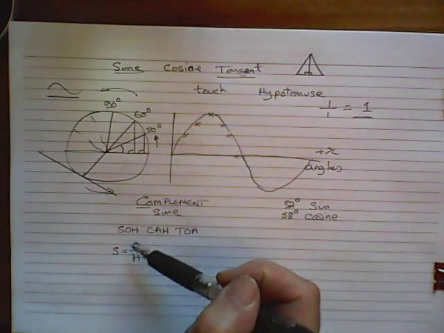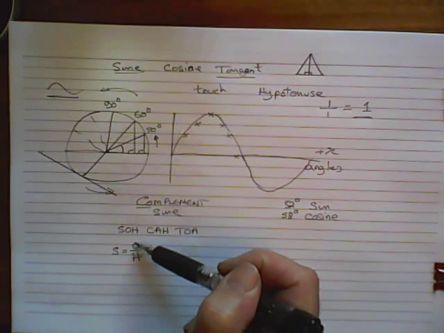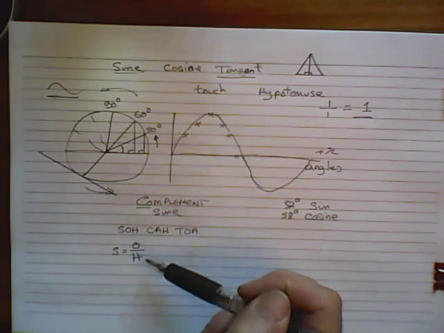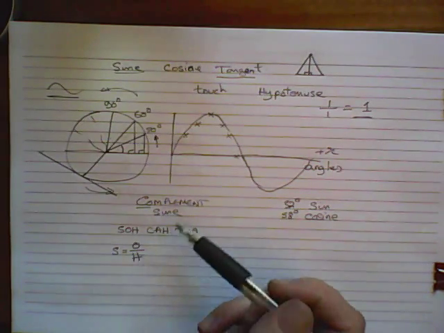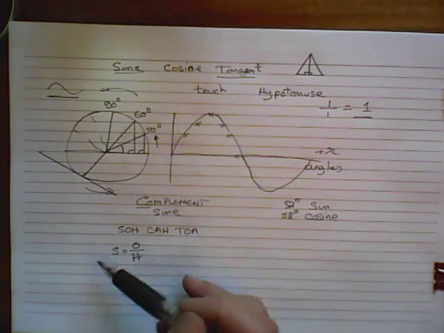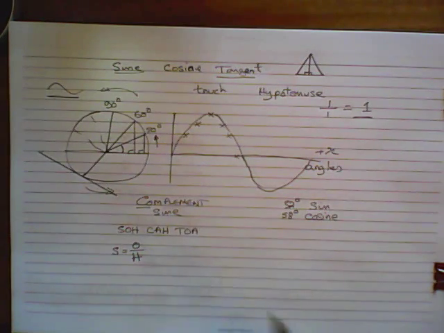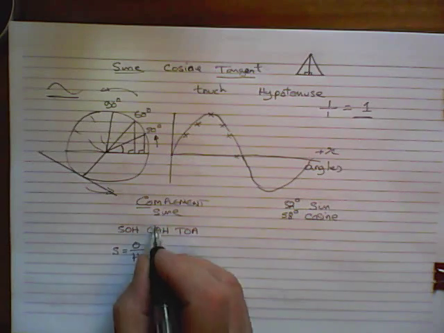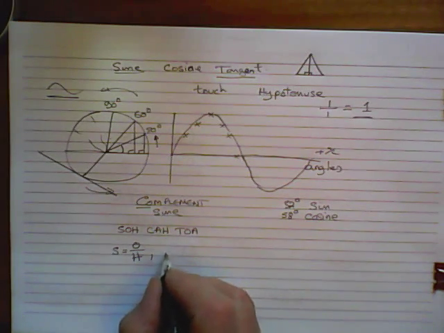As we've discussed previously, if this is 1, and that's 1, then the answer is 1, and the sine of 90 is 1, and there's no way you can draw a triangle like that. Please try.